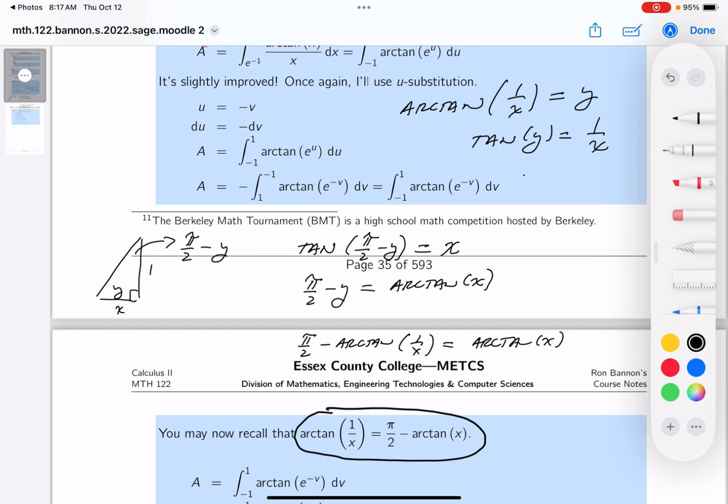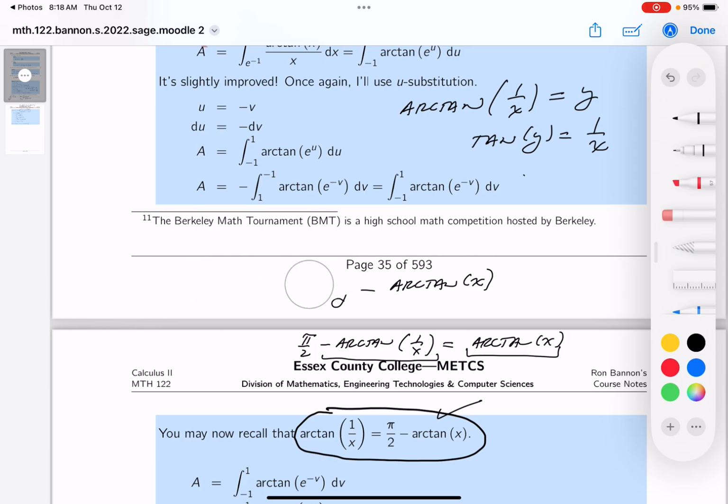All right? And again, someone says, what do you do there? I kind of rearrange it because I really want to solve for this thing over here. So I add that to both sides and subtract this from both sides, and you get this over here. And this is an important identity that some people know off the top of their head. And certainly I do know a lot of identities off the top of my head, but not that one. I'd have to think about that. All right? So I'm going to say that's known to me now.